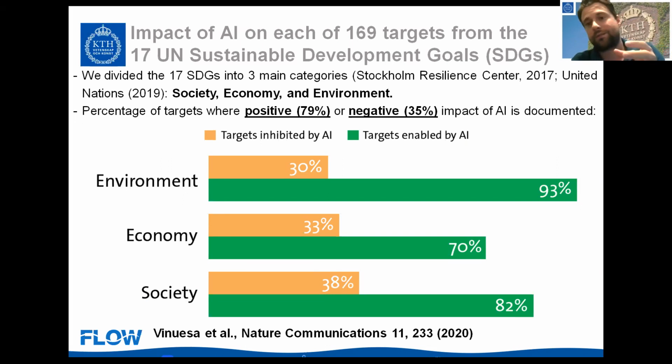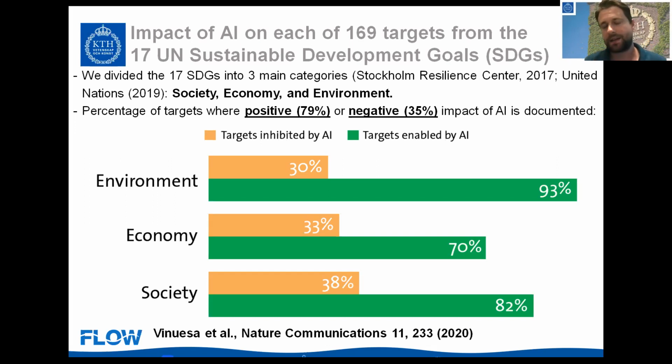And of course, although this really points out and confirms the suitability of AI to really tackle grand challenges, there is also the aspect to keep in mind that even one target being negatively affected could really destroy all the progress on the positive side, because some of these targets are really critical. So that's something to also keep in mind.